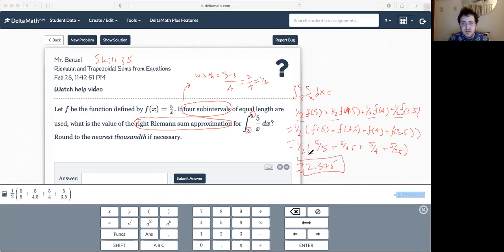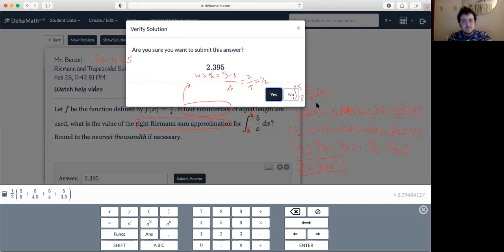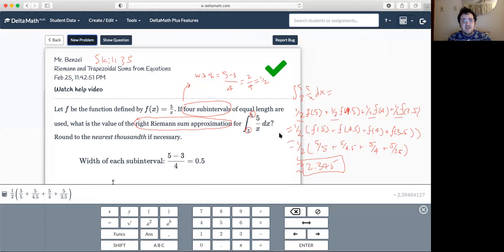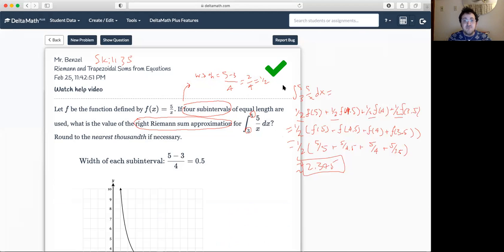And let's see how this works. And it works beautifully.